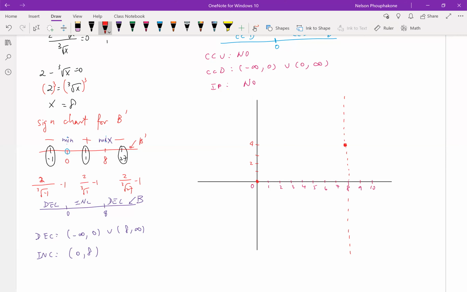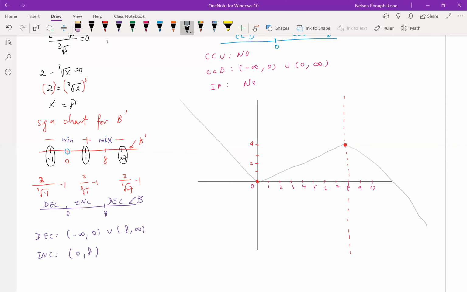Now using the first derivative, we know that this function is continuous from -infinity to infinity. The function is decreasing from -infinity to 0, increasing between 0 and 8, and decreasing between 8 to infinity.